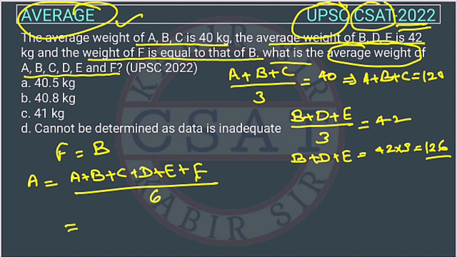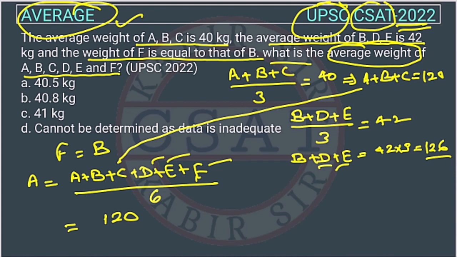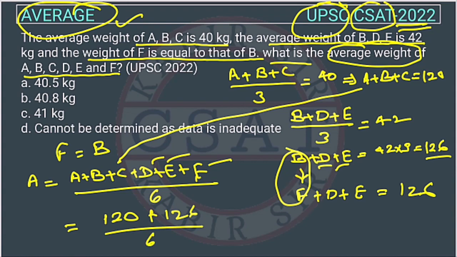So A plus B plus C we know from this equation, so it will be 120. We have D plus E, and F is equal to B. So this B will get converted into F, and this will be D plus E, because it is given that B and F weights are equal. So it will be 126. So this will be 126 upon 6. So this will be equal to 246 by 6.